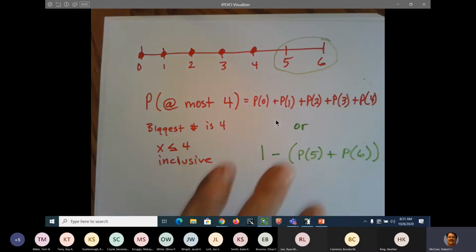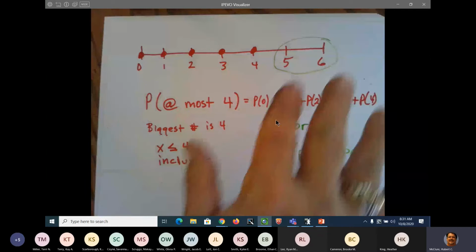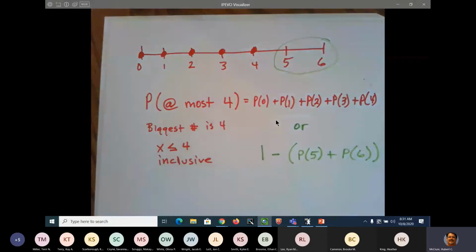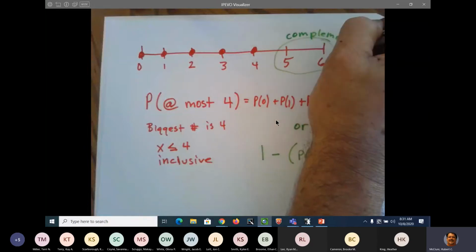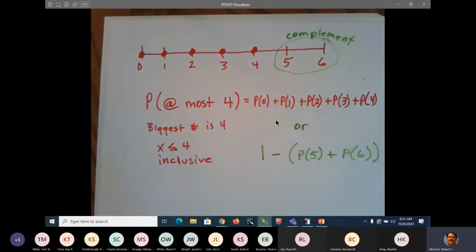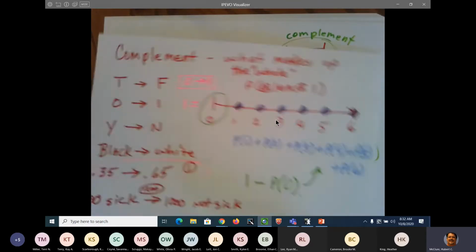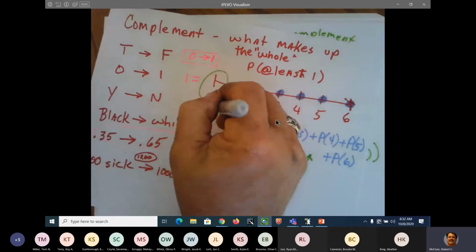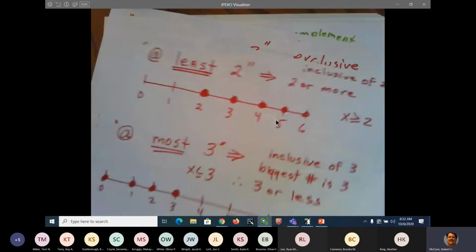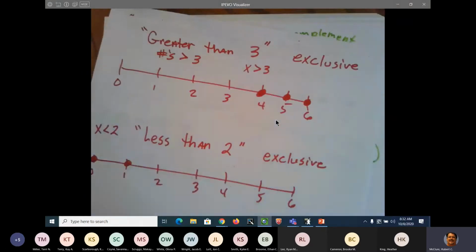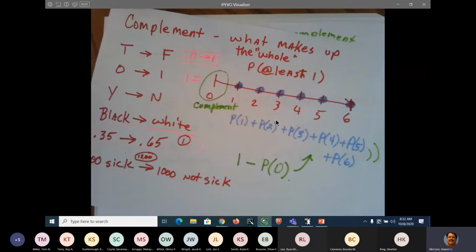Now, it's very important that you understand that you can use the complement to actually make less work of the problem. And in this problem right here, this would be the complement. Of course, what tells you the complement? Well, when the problem asks you one of these 4 things, or something like one of these 4 things, then you should be able to find the complement.